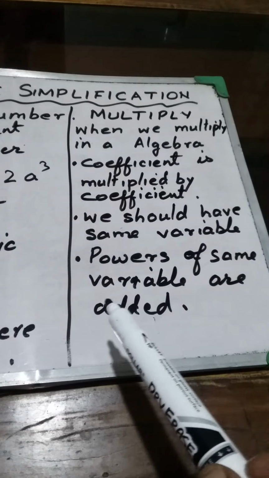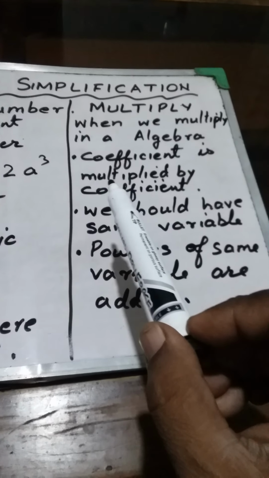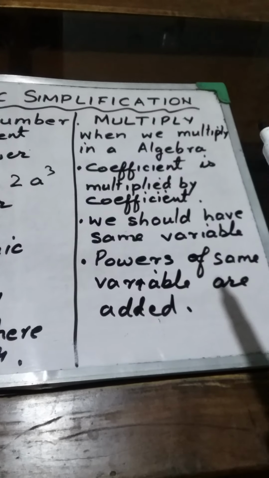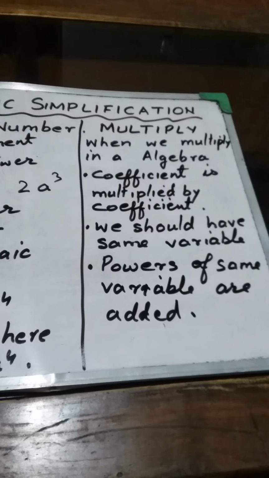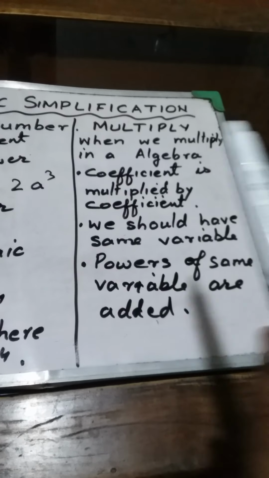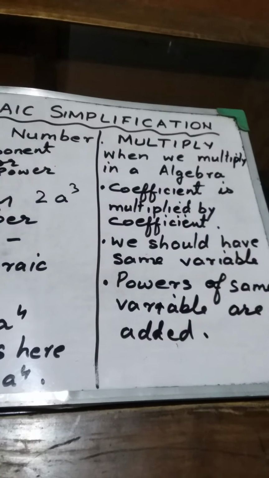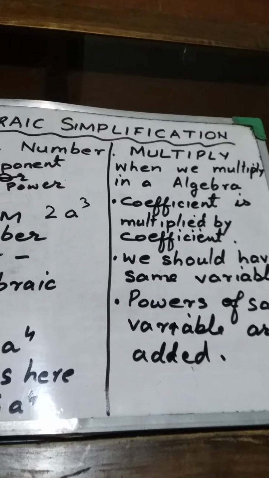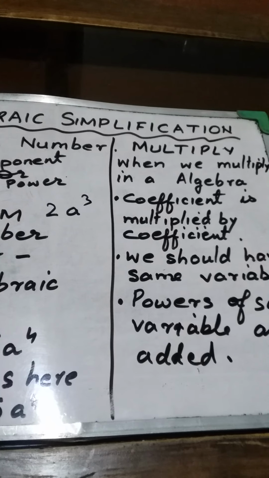In multiplication, we add the powers and multiply the coefficients of the same variable. If variables are different, they are written as they are. This is something you should understand while doing simplification questions.